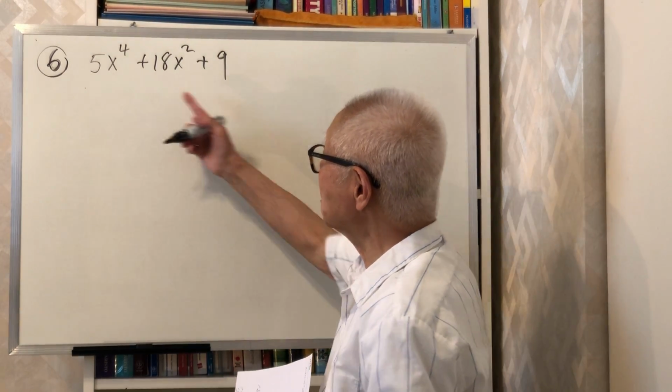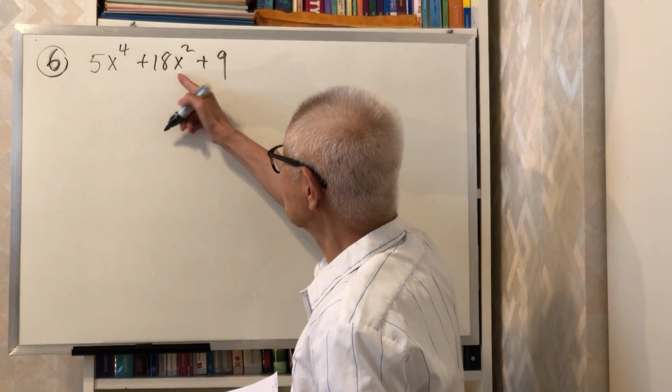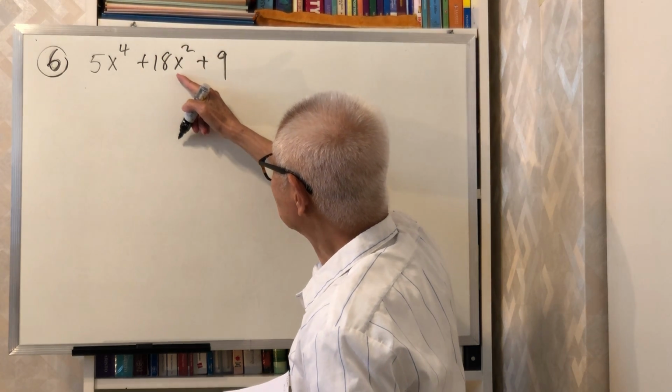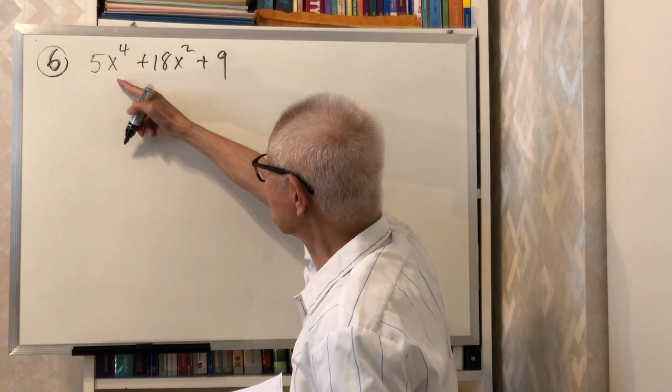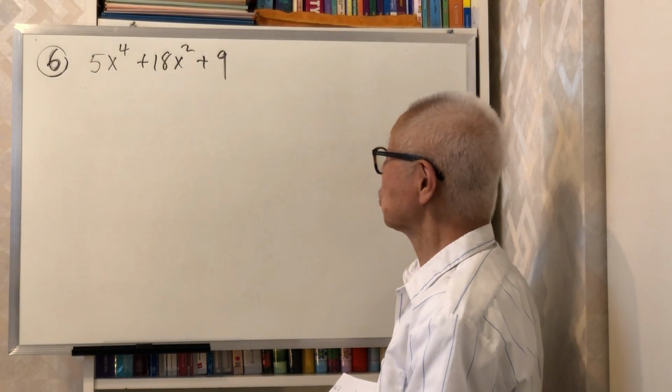But this is still a quadratic relation, because this is a square of this. If you square this x squared, you get x to the power 4. So this still belongs to the quadratic relation.